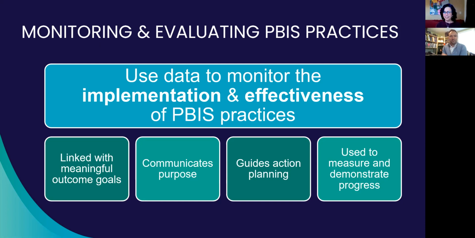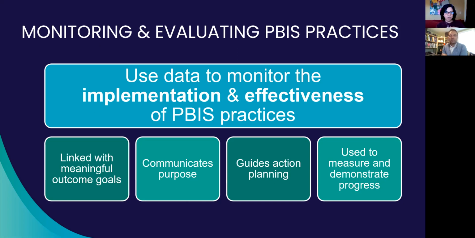But what happens if you're not getting the results that you want? What are your next steps? Well, historically, it's been to toss the initiative away and start with a new one. But we know that's exhausting and inefficient, right? Instead, we need to go back and check on the fidelity on a regular basis. We need to know, are staff implementing our systems and our practices the way they're supposed to be implemented, right?